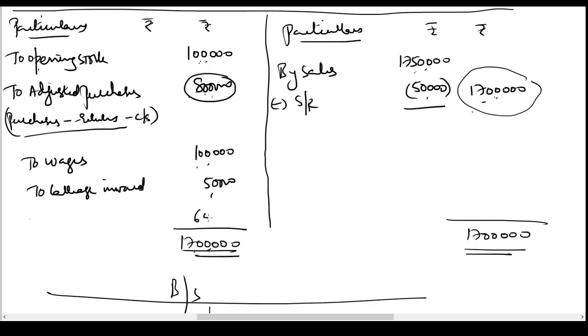So 6 lakh 50,000 is the gross profit. To gross profit transferred to profit and loss account. So this will be transferred to the P&L account.